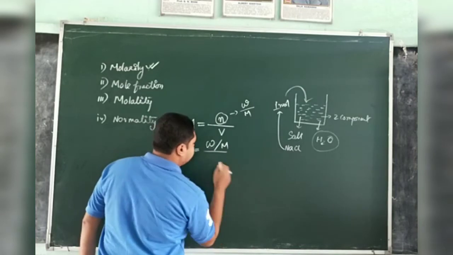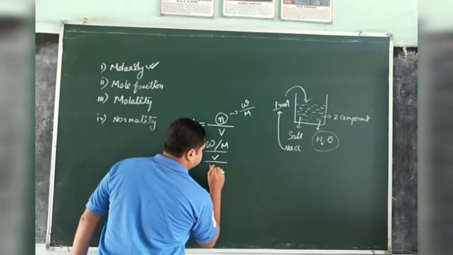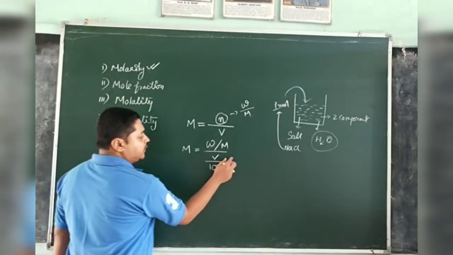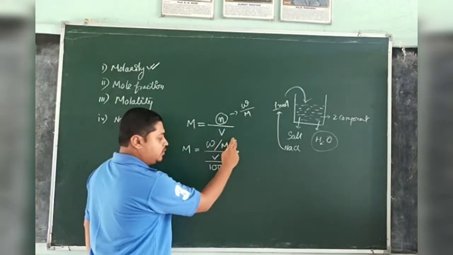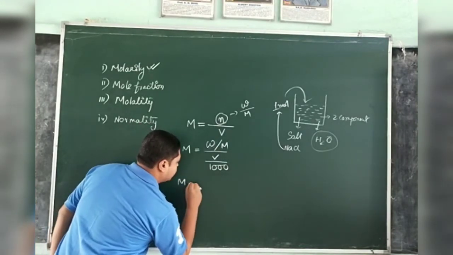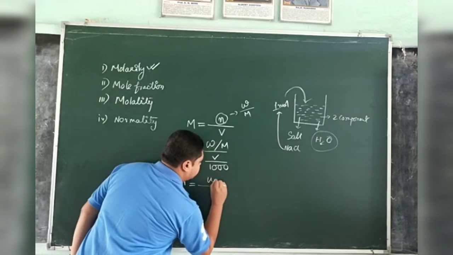So if we put milliliter, then V in terms of what will it be? It is divided by 1000. So the actual formula of molarity is what?